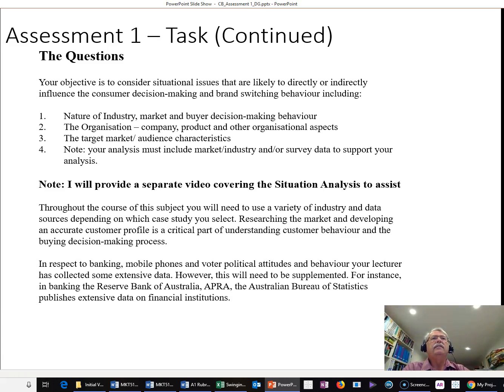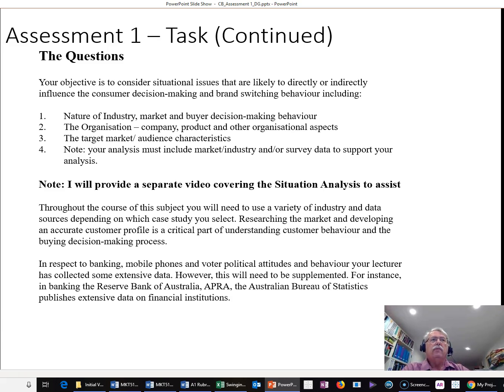To conduct a situation analysis, you need to look at the nature of the industry, the nature of the organisation, of the case organisation which you've chosen, to have a look at the target market, the audience characteristics, and note your analysis must include market industry data and or survey data to support your analysis. In order to help you with the situation analysis, I'll provide a short separate video of the situation analysis to fill out those 4 aspects above.